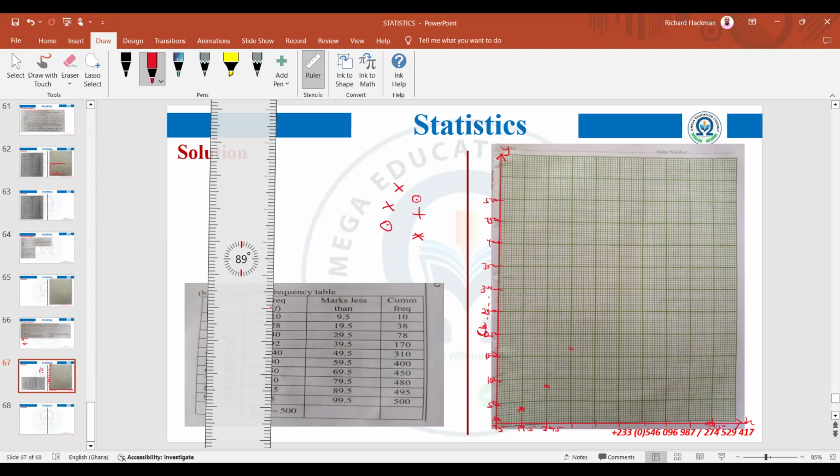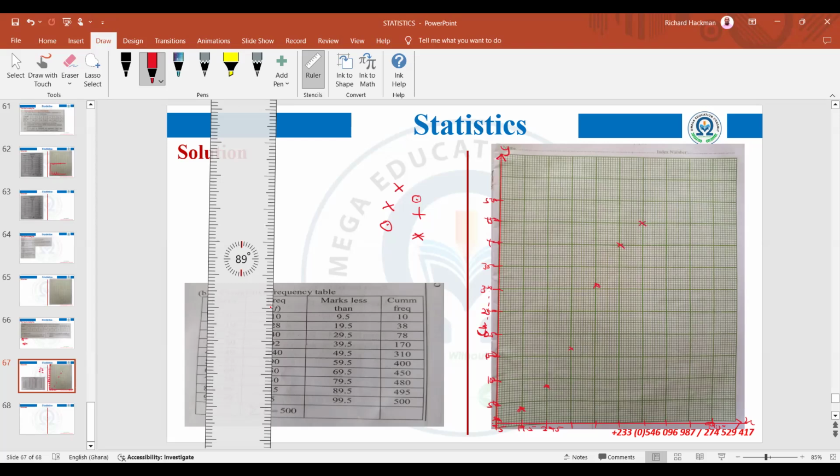The next one, what do we have? 310. 300 is here, and 310 will be 2 boxes after 300. The next one, 400. 400 is exact. The next one, 450 is also exact.